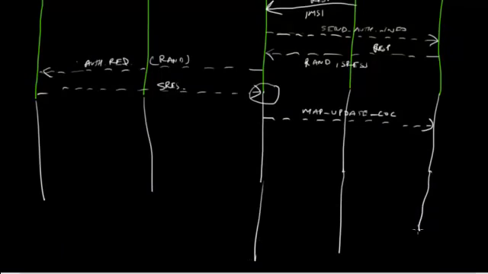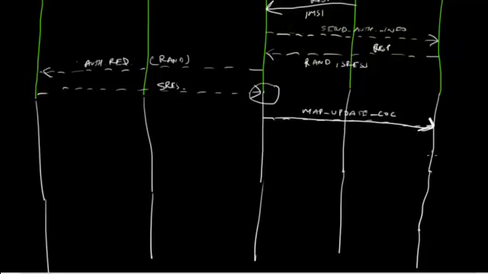Right? So at this point, the HLR knows that it has to update its database. This is not a dotted line. This is actually a message which goes. It's not optional. It's a mandatory message.